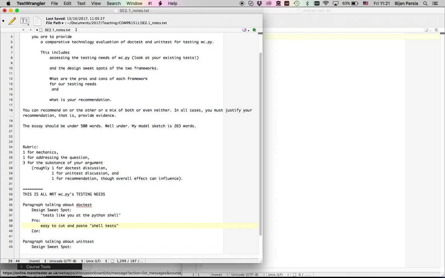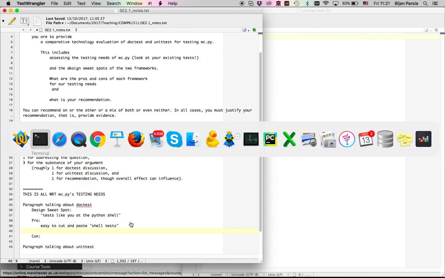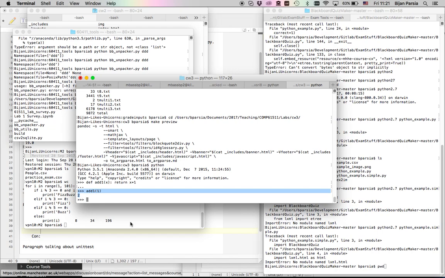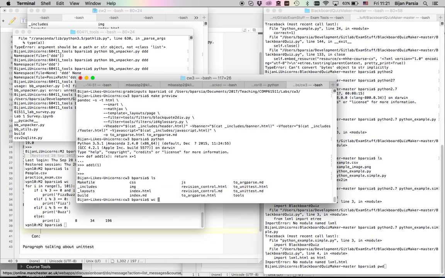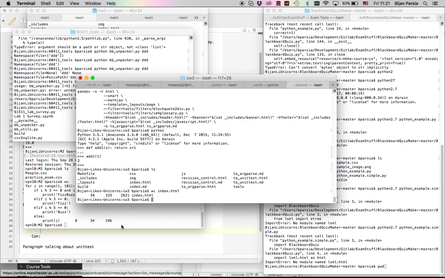Now this pro may or may not be relevant. It's certainly part of the design sweet spot, and it would be easy to say this, but the question is, did this actually work? Can I, for example, go to wc index HTML? Oh, I have an answer. Can I just cut and paste this into a doctest? Well, no, I have to do more work.